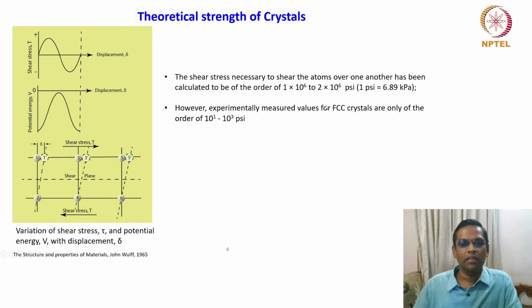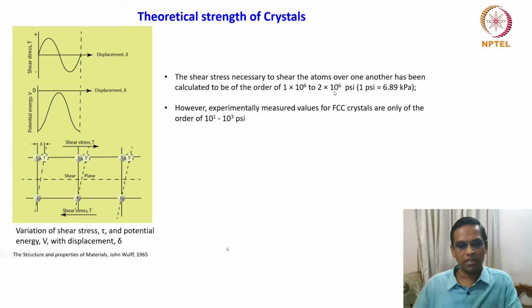But again, the experimentally measured values for FCC crystals are only of the order of 10 to the power 1 to 10 to the power 3 psi, which is very, very low compared to what is shown theoretically.